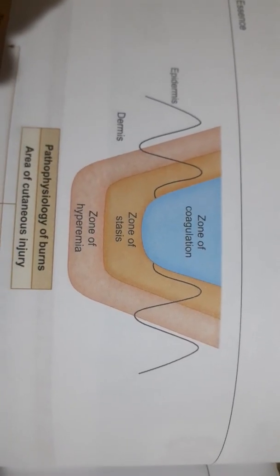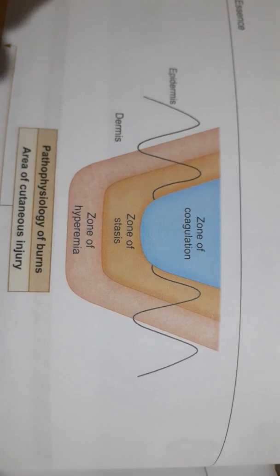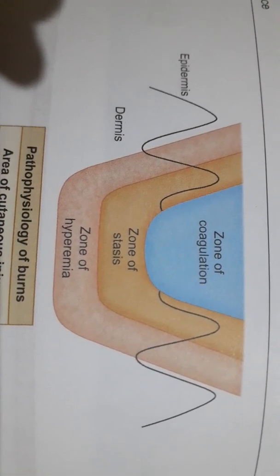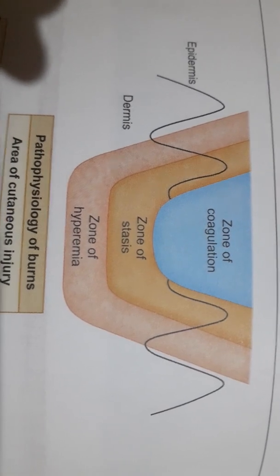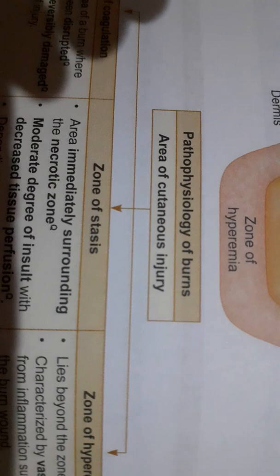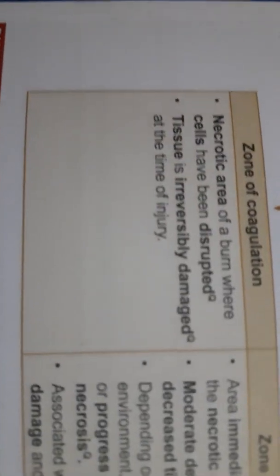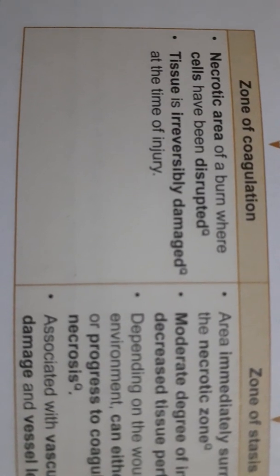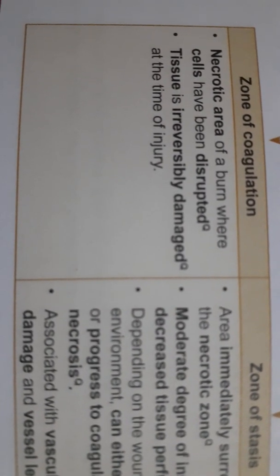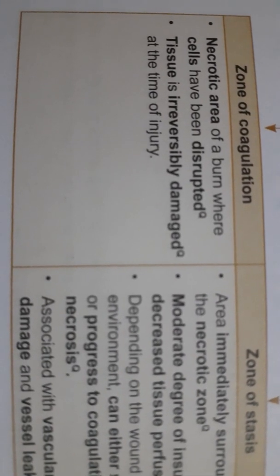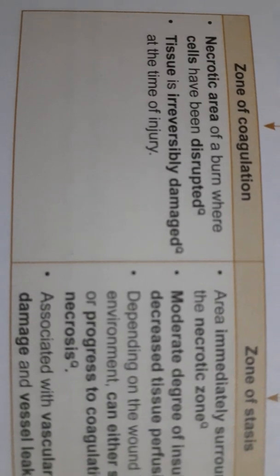Zone of coagulation, zone of stasis, zone of hyperemia. Epidermis and dermis. Pathophysiology of burns, area of cutaneous injury. Zone of coagulation: necrotic area of burn where cells have been disrupted, tissue is irreversibly damaged at the time of injury.